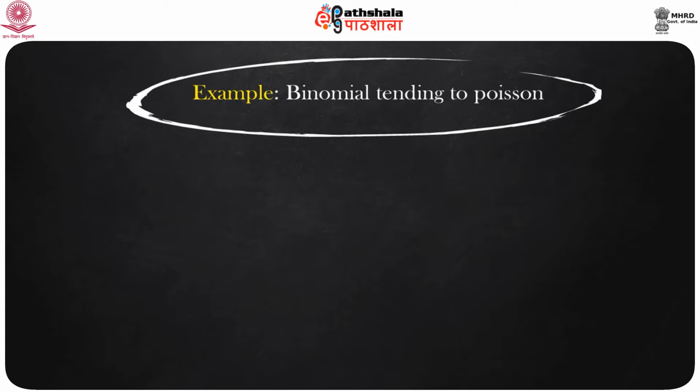Now, by now all of us are aware of the cases when the binomial distribution tends to Poisson. Suppose X follows a binomial distribution with parameters n and p, the standard one, where n is the number of trials and p is the probability of success.